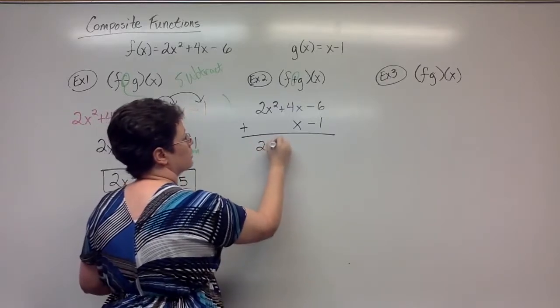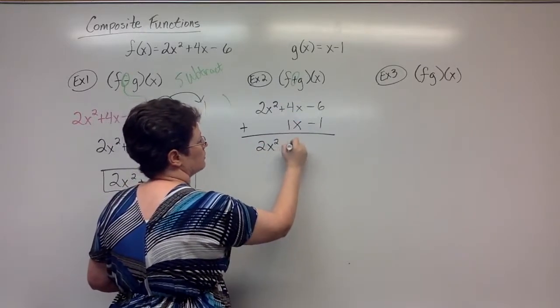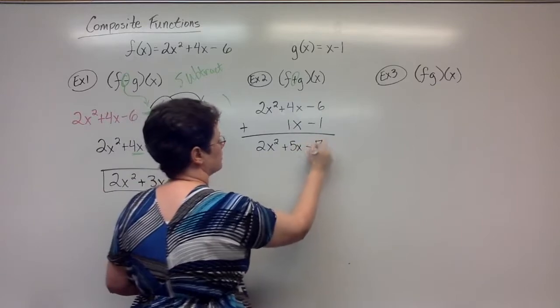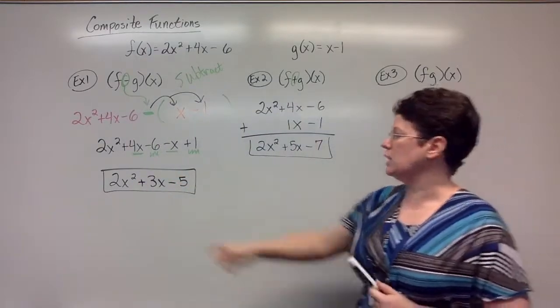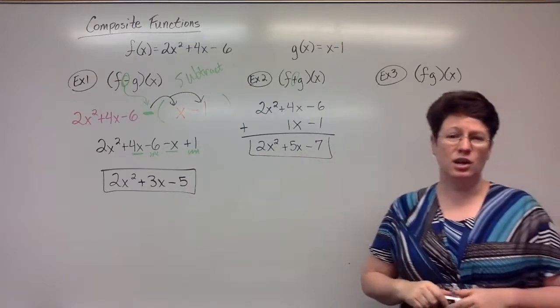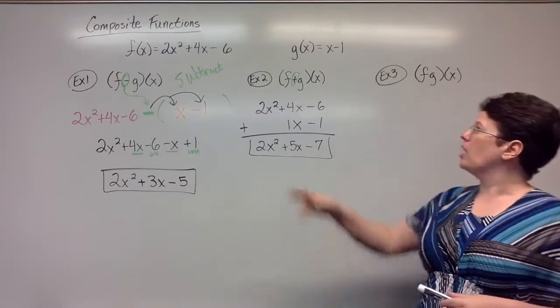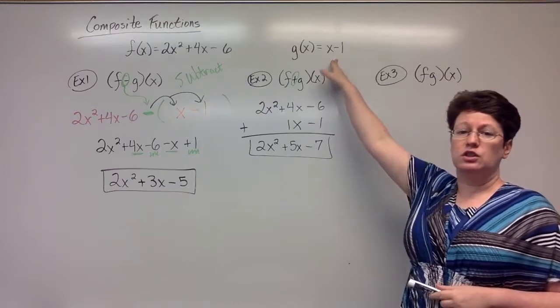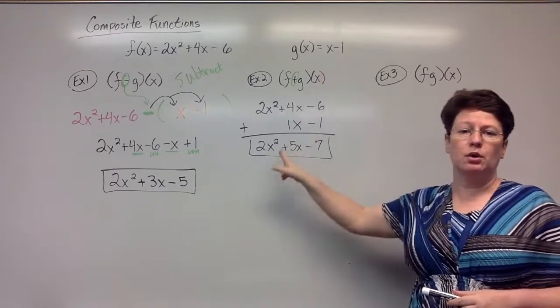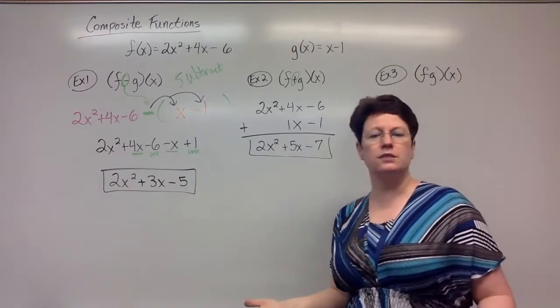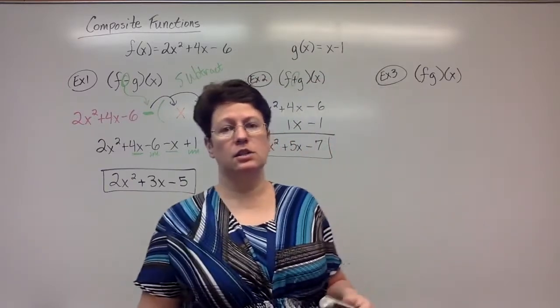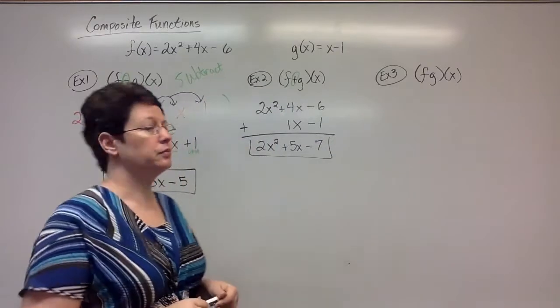That gives me 2x squared plus 5x minus 7. Is there a huge difference between the answers for the add and the subtract? No, not in this case. Why? Because the G function is so small and so simple, we don't have a big difference unless we add or subtract. If it's a different function, the differences in the answer will be more pronounced.